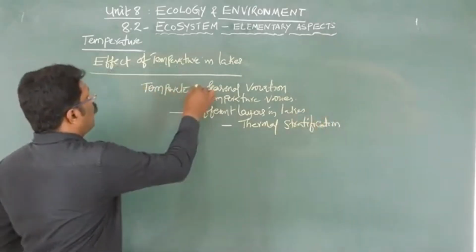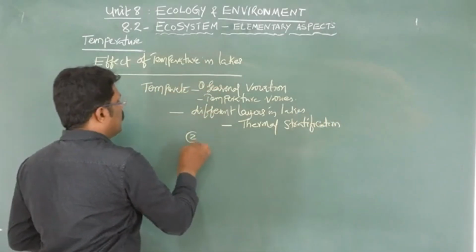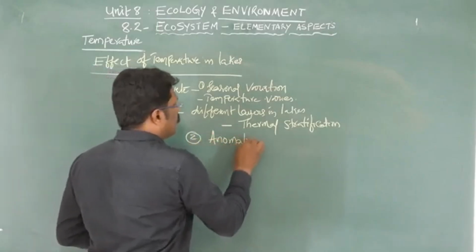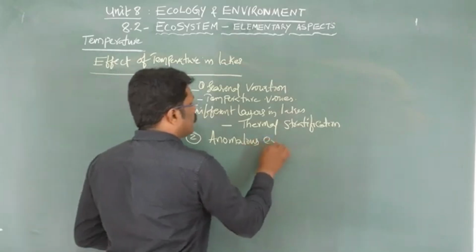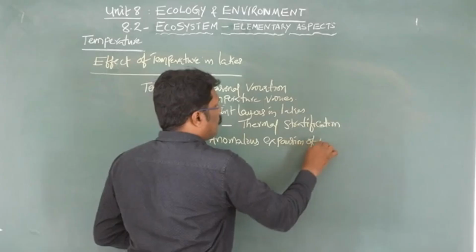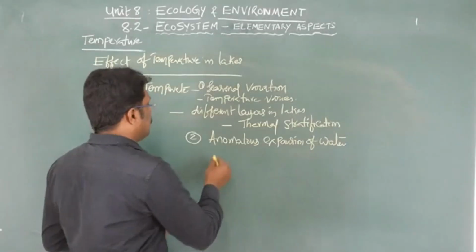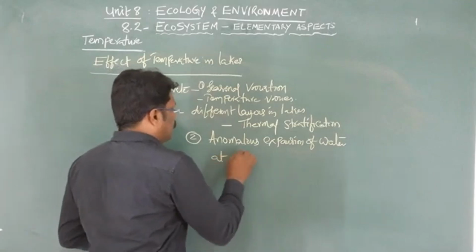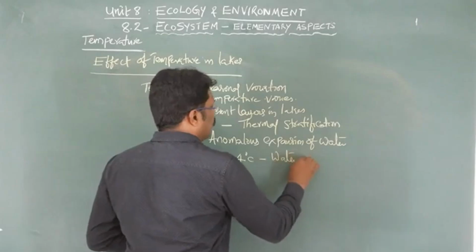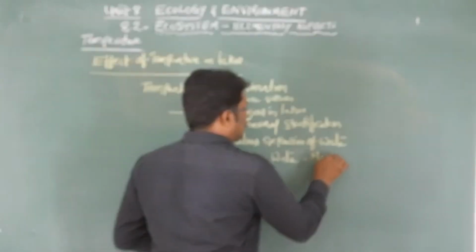And another important aspect is the anomalous expansion of water. So this property of water is, at 4 degrees centigrade, water shows maximum density.